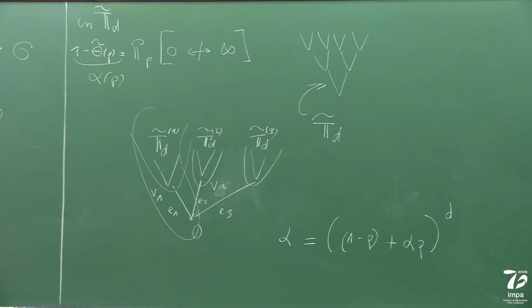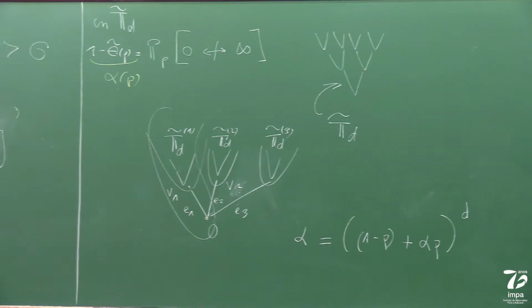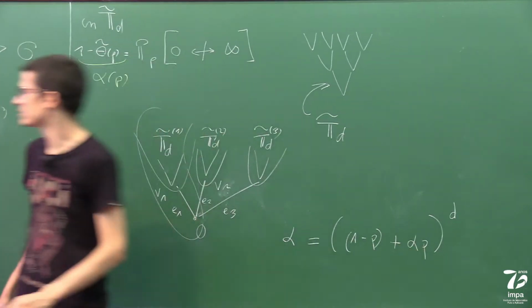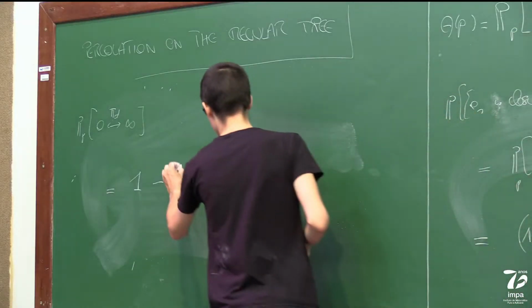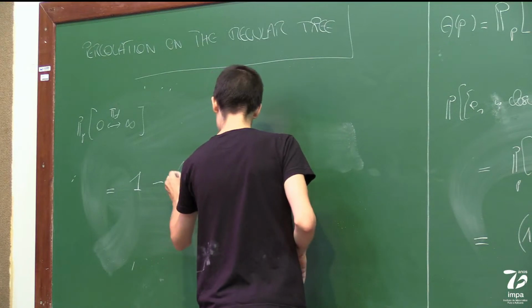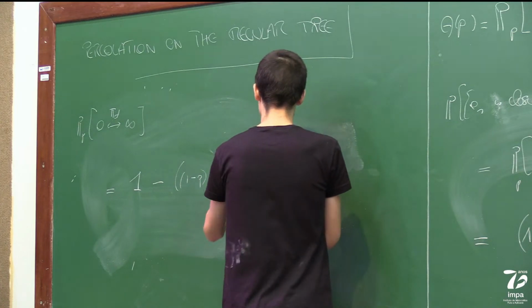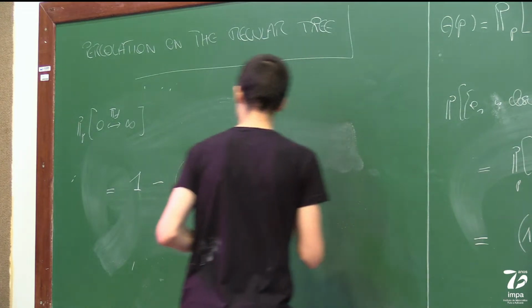For the same reason as before, it's (1 minus p plus alpha p) to the power d plus 1.